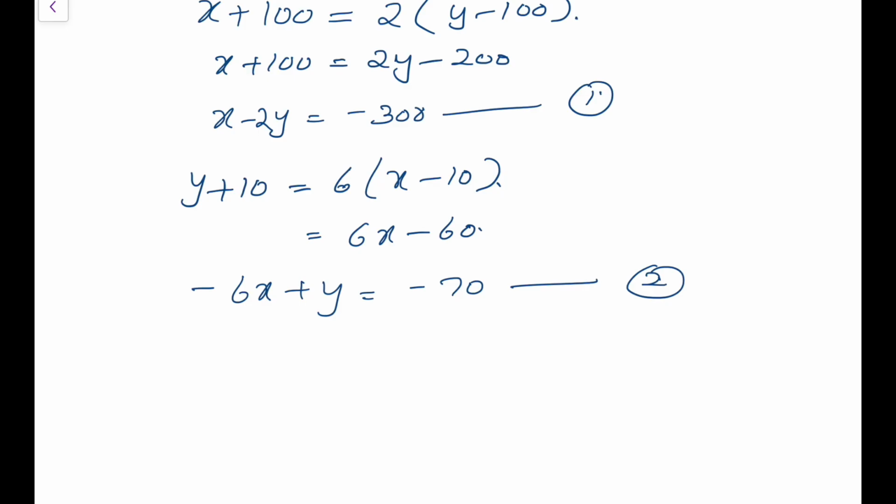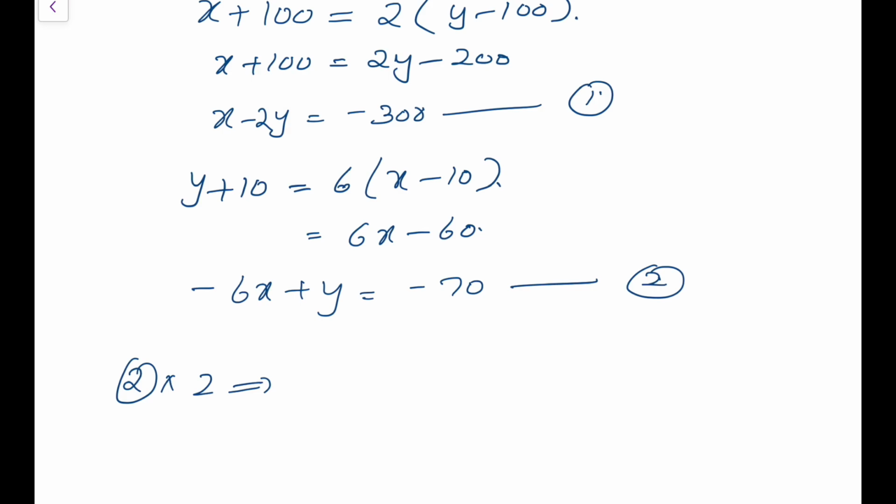Now we will solve the two equations. So we will multiply equation 2 with 2. Always try to multiply with smaller numbers. Dividing will be with bigger numbers. Your purpose is to make the equation smaller.